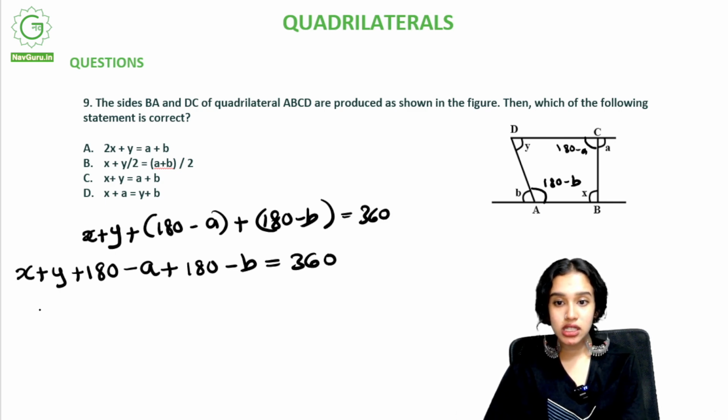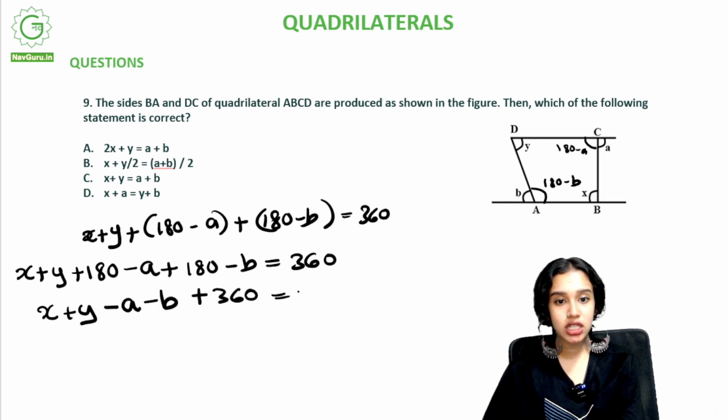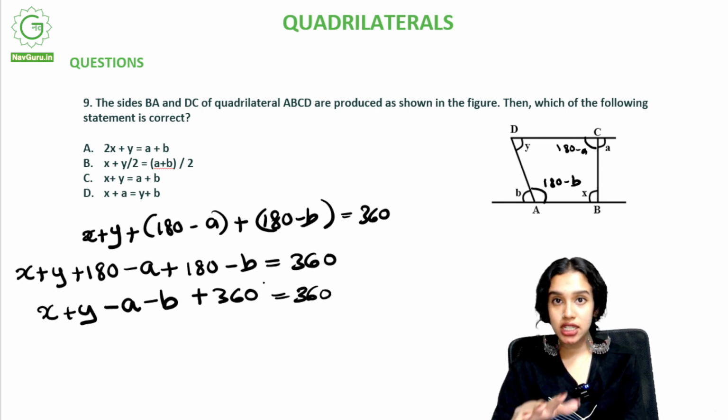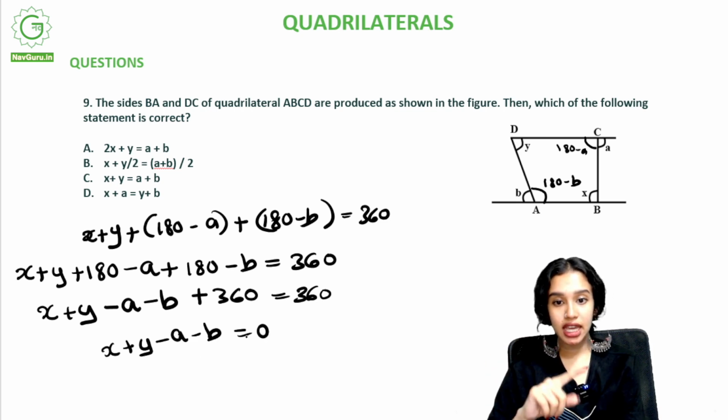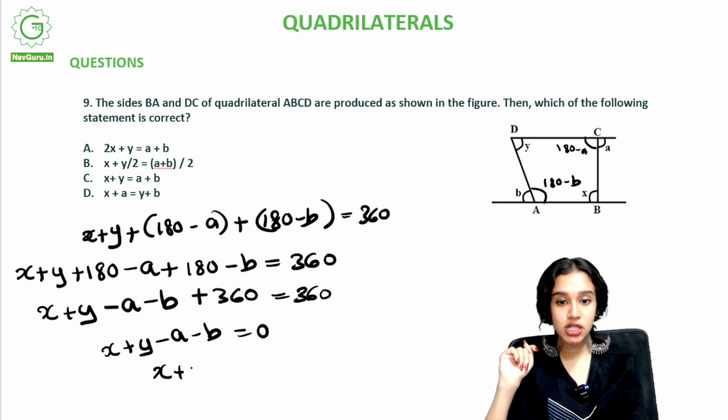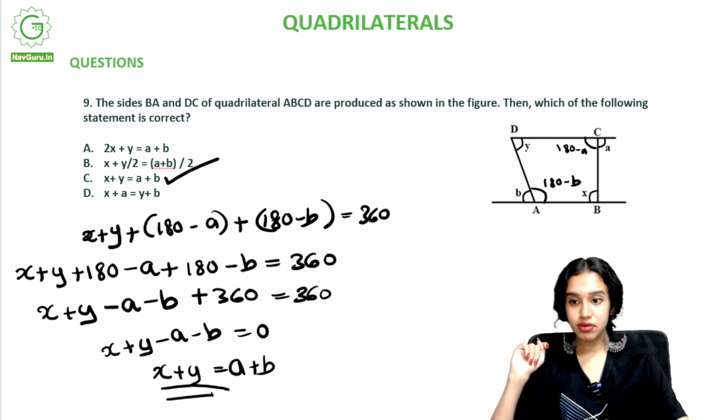So here we have a 360, which is x plus y minus A minus B plus 360 is equal to 360. Let's subtract 360 from both of the sides and we'll get x plus y minus A minus B is equal to 0. Now taking A and B to the other side, we'll get x plus y is equal to A plus B, right? So we got the answer x plus y is equal to A plus B.